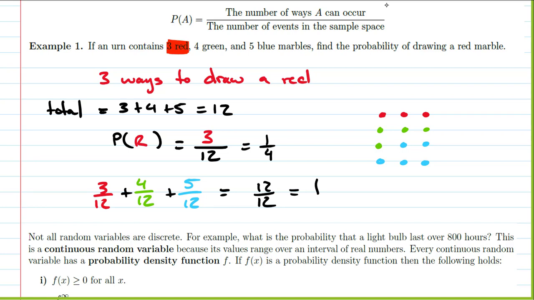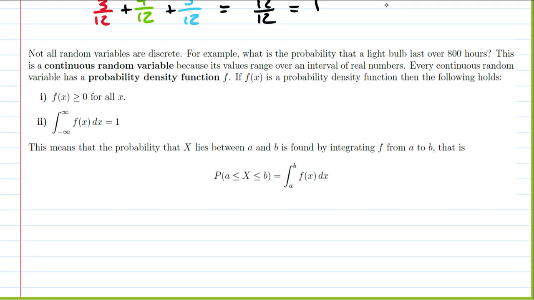So the probability of an event happening is 1, which means some event will always occur. If I reach into that urn, I'm always going to draw a ball, if that's my intent, right? So the same thing holds, but we're now generalizing it to our continuous random variables. So we say that the integral, which is going to represent the sum over all events in our probability space, has to be 1.